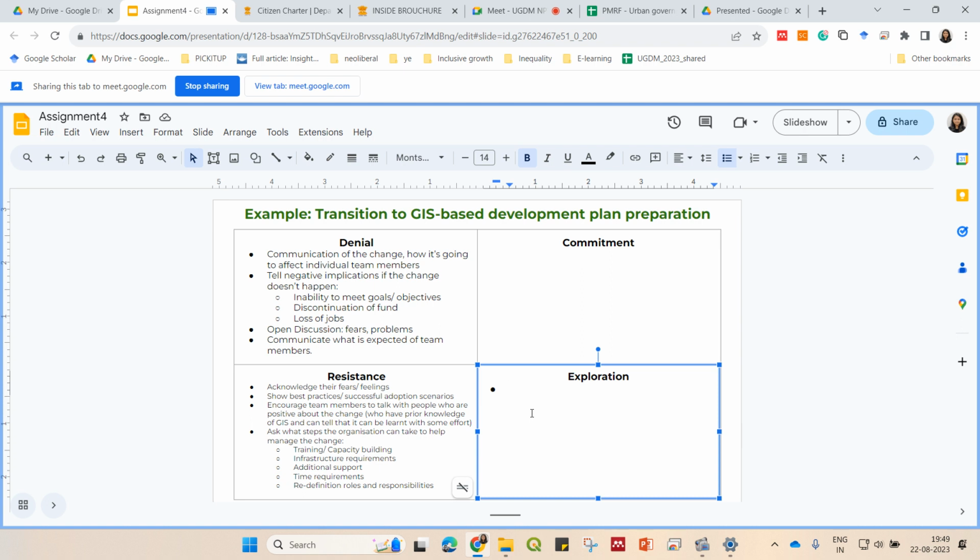What can you do in order to ensure that each of your team members, or all of your team, are making the best use of the opportunities that come with the transition, and everyone fits rightly in the roles that might be assigned to them? What can you do at this stage?